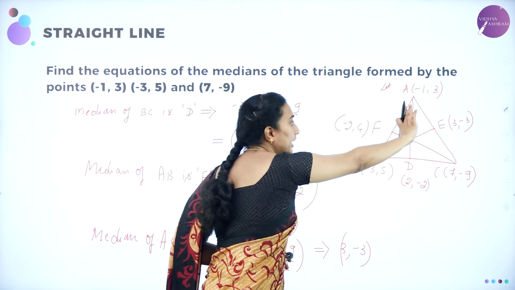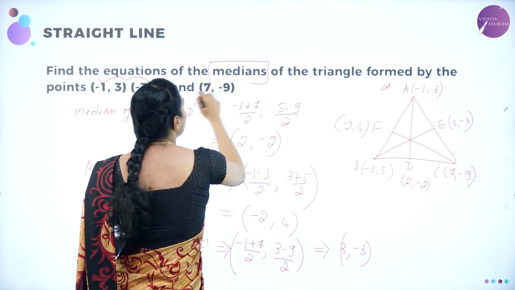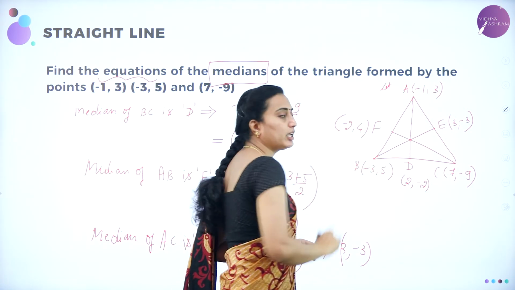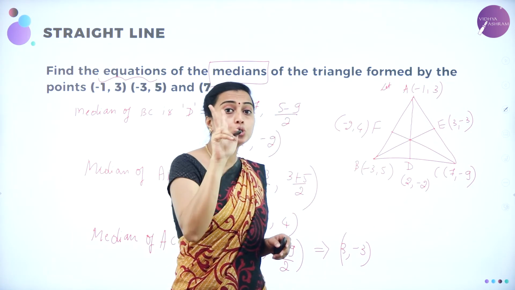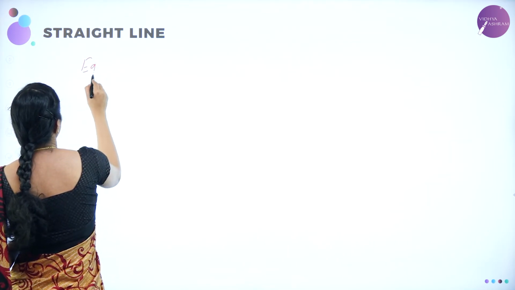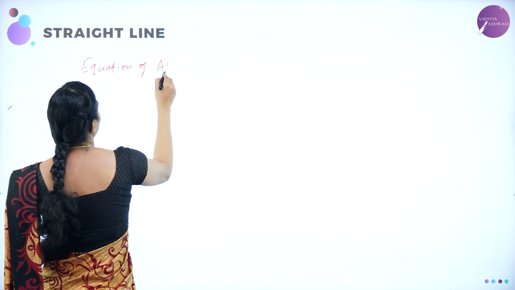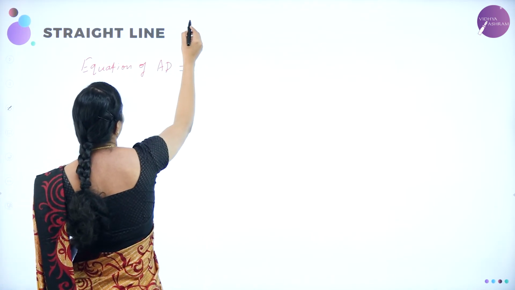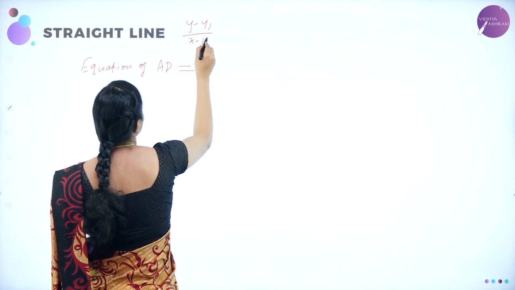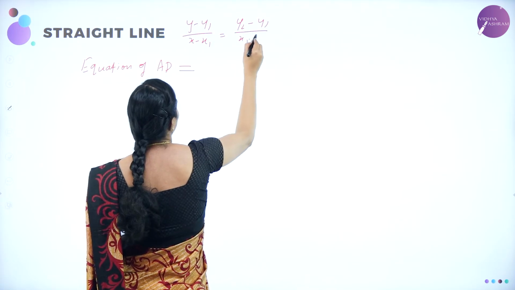They have asked for the equations of the medians: the AD equation, the CF equation, and the BE equation. Therefore, by the two-point form, the equation of AD. What is the two-point form? (y minus y1) by (x minus x1) is equal to (y2 minus y1) by (x2 minus x1).